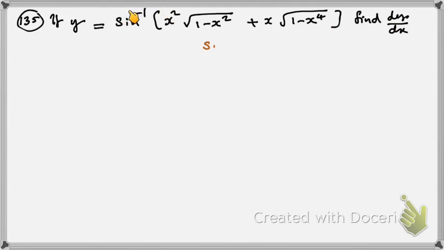Since I have sine inverse outside, I want to reduce the entire expression inside to something in sine. So is there any sine formula that matches with that? Maybe something very close to this, we have sine A cos B plus cos A sine B is sine of A plus B. So it somewhat matches with that.